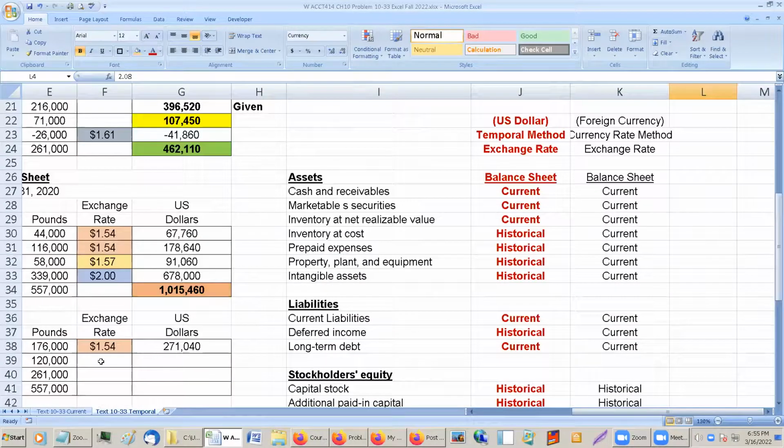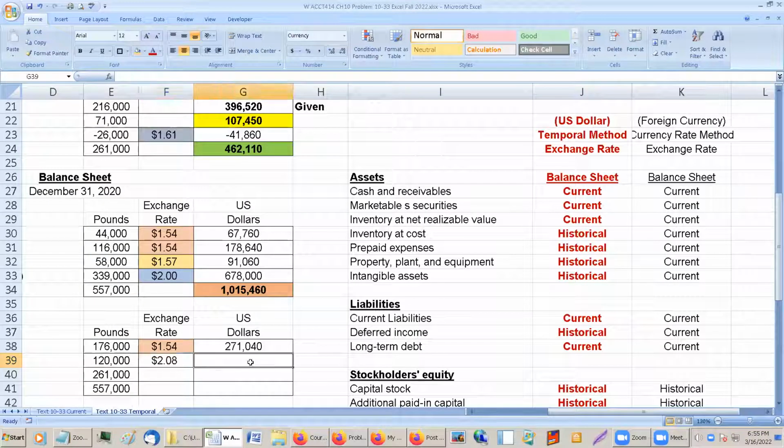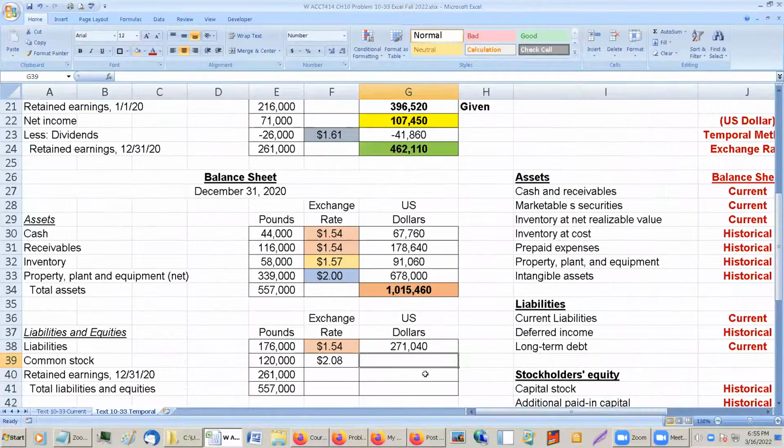So we'll put that down here. Retained earnings is the same as before, as with this up here.